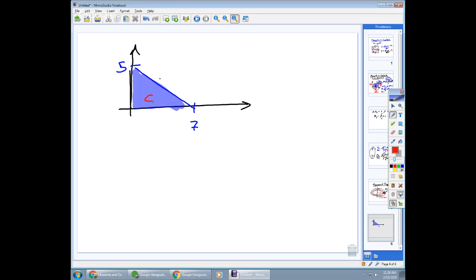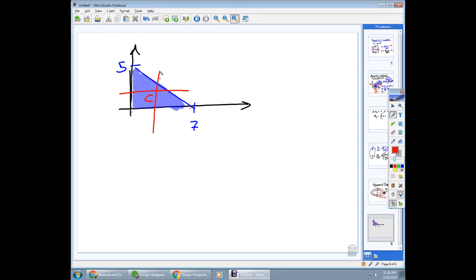So there's some center in there. Where is it? Is it closer to that corner, or that corner, or that corner? Is it somehow in the middle if I were to just cut those two line segments in half?